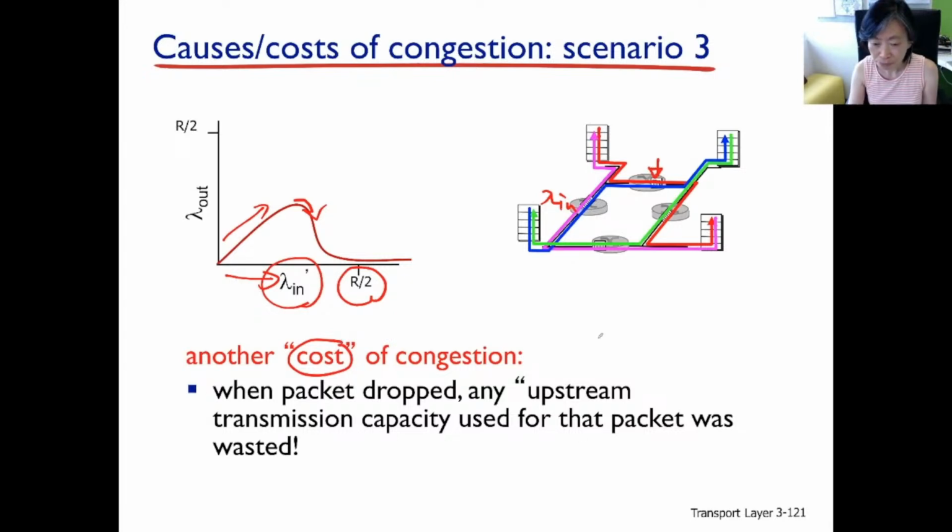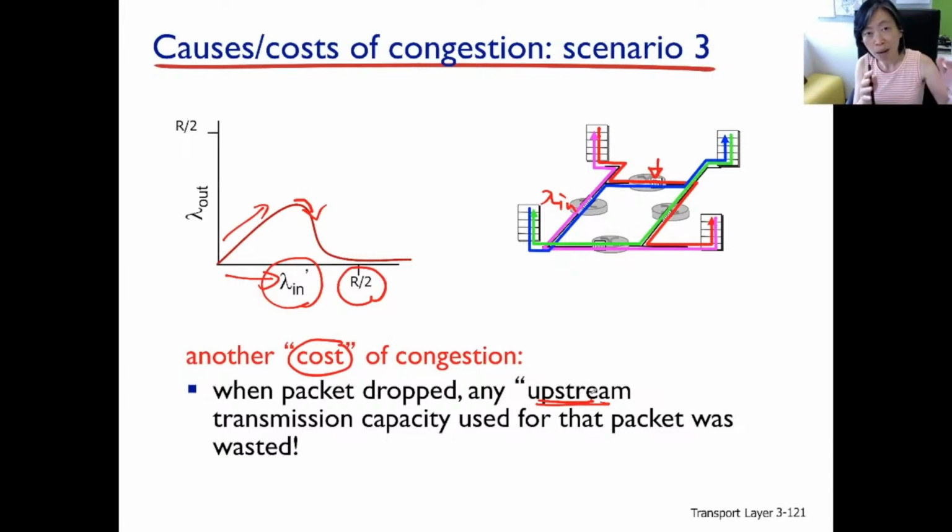Because the bandwidth that is transmitting these packets when they're traveling upstream is all wasted. The amount of waste is actually not quite comparable to retransmission or unnecessary retransmission. Those are probably very small. Therefore, in the lambda in and lambda out plot we saw earlier, the margin is very small.